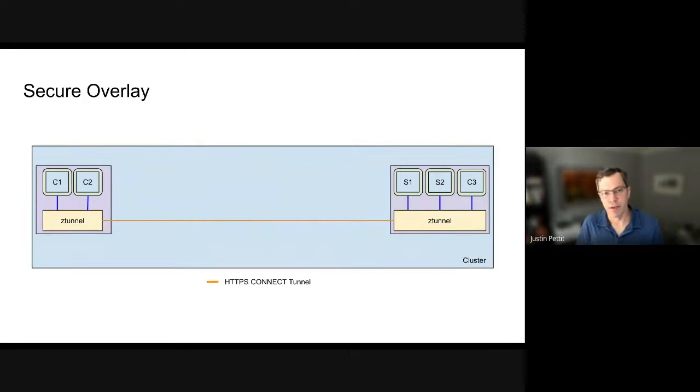So visually, here's what happens if you install Ambient Mesh. The first thing that would happen is that these ztunnels would get placed on all of the nodes where Ambient Mesh has been enabled. But when it first runs, nothing happens. But then as workloads get added to the mesh, their traffic just gets redirected through the ztunnel. So in this case, let's say C1, C2, S1, and S2 are enmeshed.